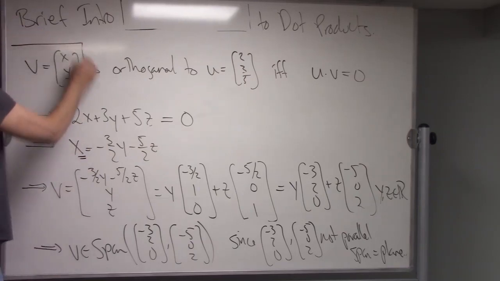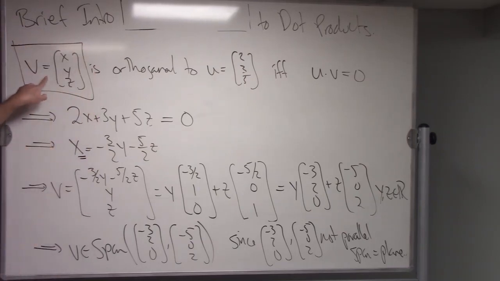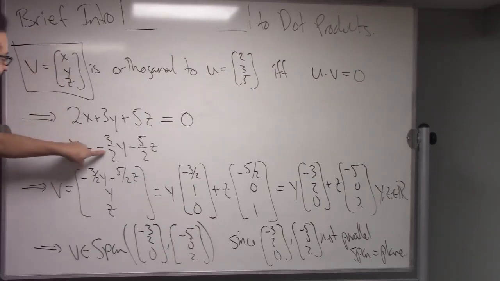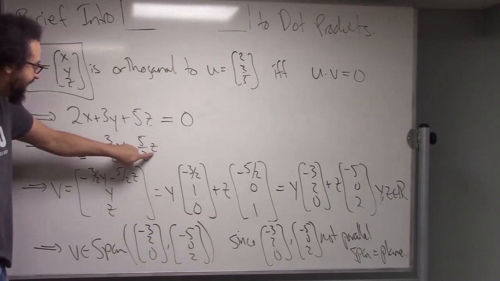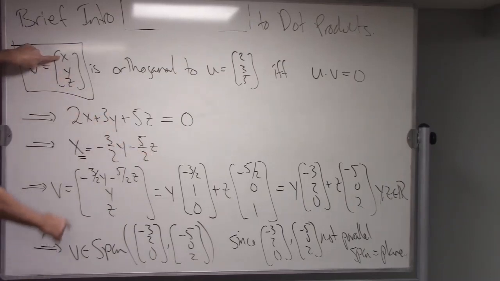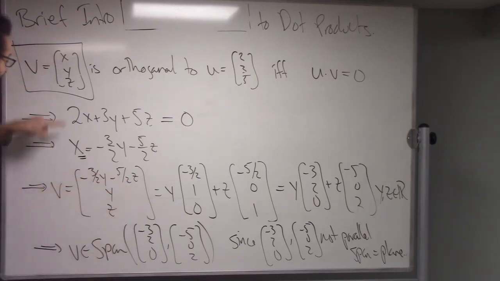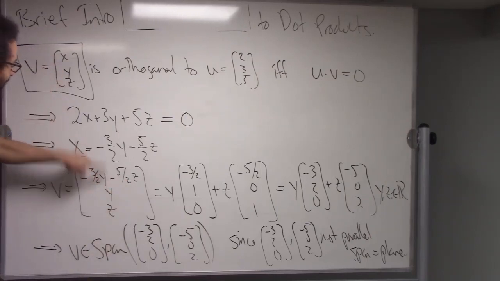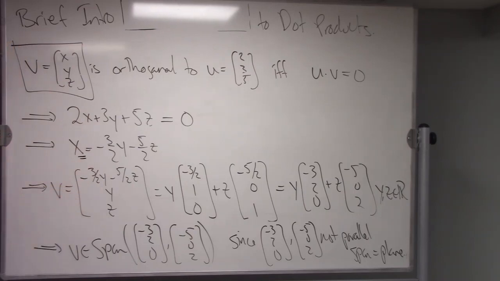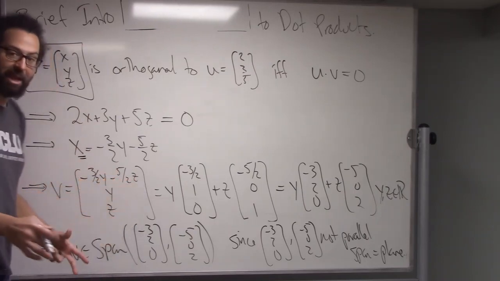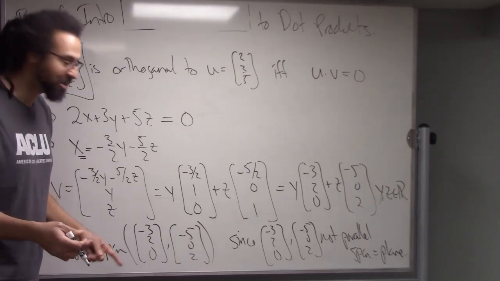So let's go back to our original component representation of the vector v. It's x, y, and z, but what is x? It's negative 3 halves y minus 5 halves z. So instead of writing x, I'm going to write negative 3 halves y minus 5 halves z, and then just recopy y and recopy z. But now you can take this thing and run the usual vector arithmetic.